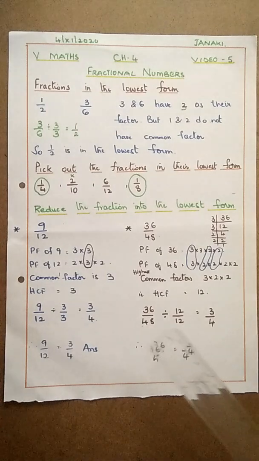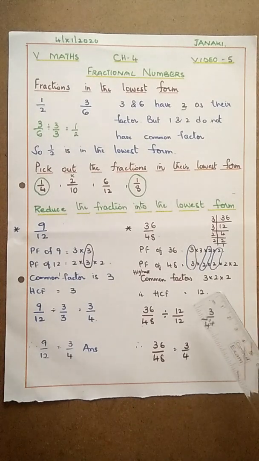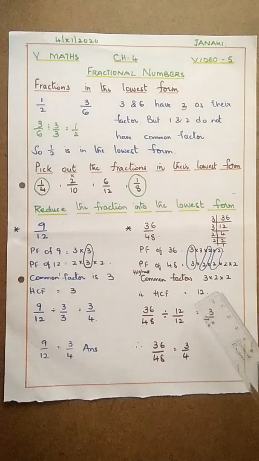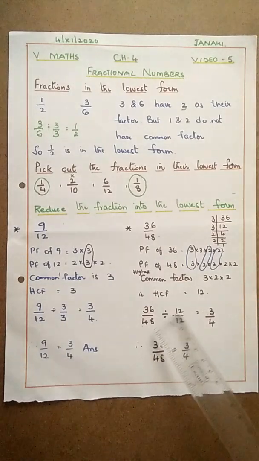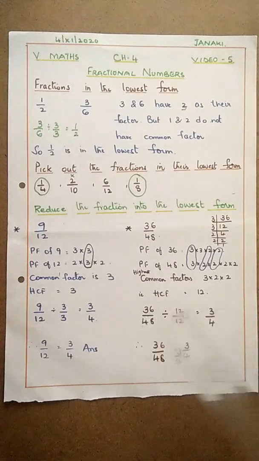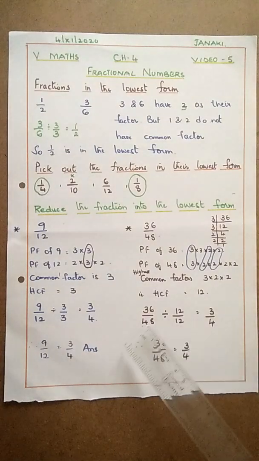Now, to reduce 36 by 48 to the lowest form, what do you do? You have to divide numerator and denominator by 12, so that 12 goes 3 times in 36. 12 3s are 36. Similarly, 12 goes 4 times in 48. 12 4s are 48.